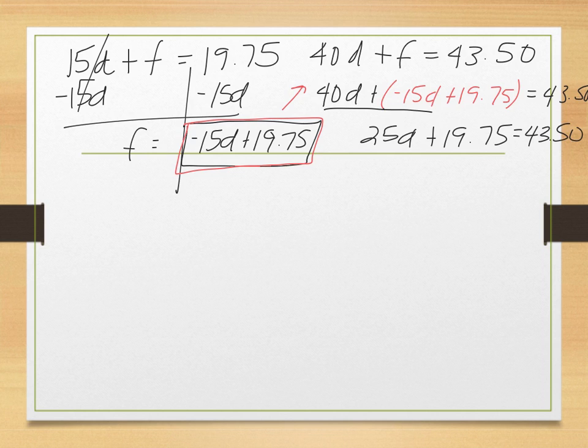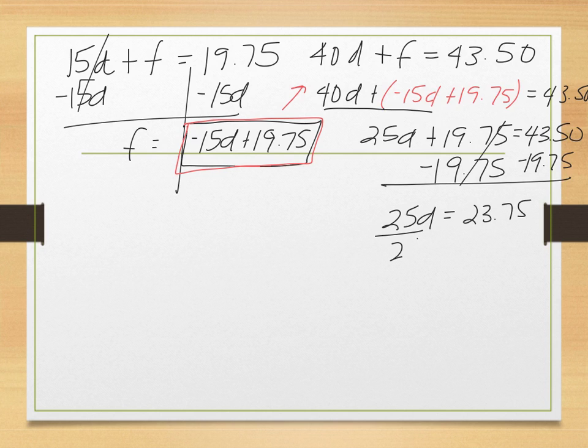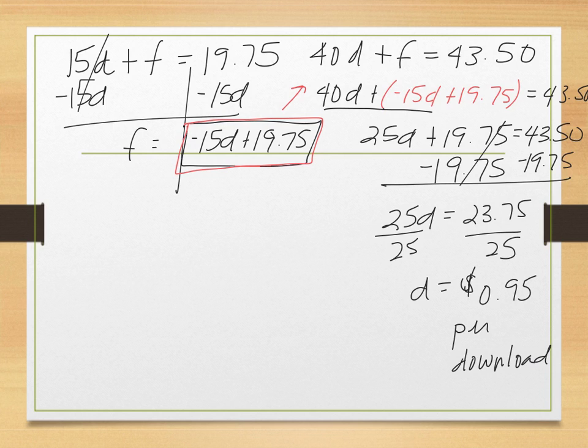Again, I need to get d by itself, so I need to subtract 1975 on both sides. So 25d will equal, let's see, $43.50 minus 1975 is $23.75. If I divide by 25 then, I would get that each download is 95 cents, so $0.95 per download.